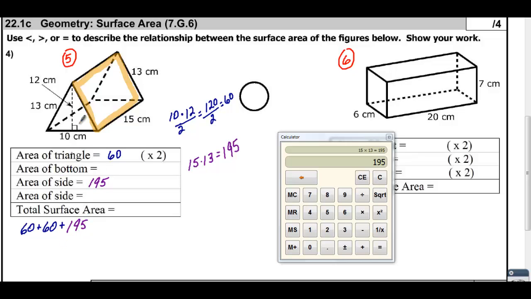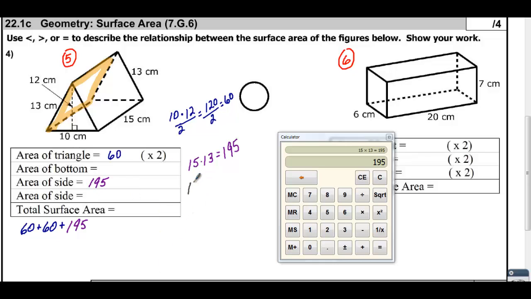I could have done the bottom next, but I like to do the sides first. Now we're going to do the other side, and on this particular triangle, since this is an isosceles triangle, you can see you have 13 here, and you also have 13 here, which means that's a 13. So for this triangle, I'm also doing 15 times 13.